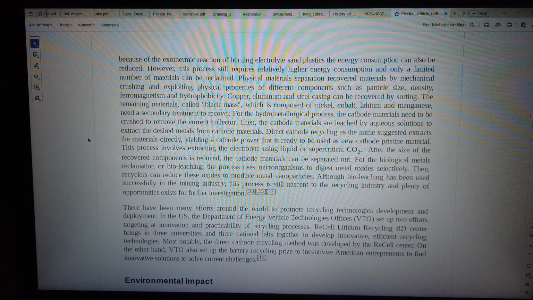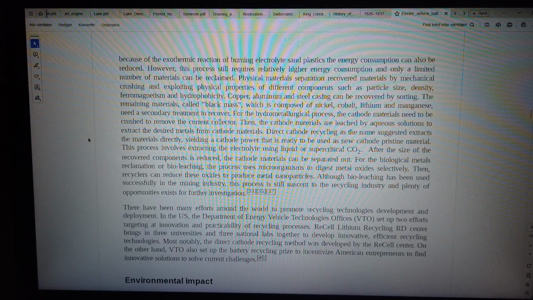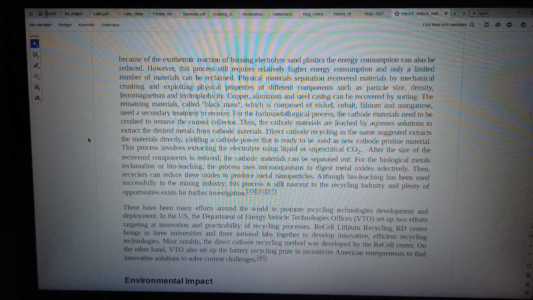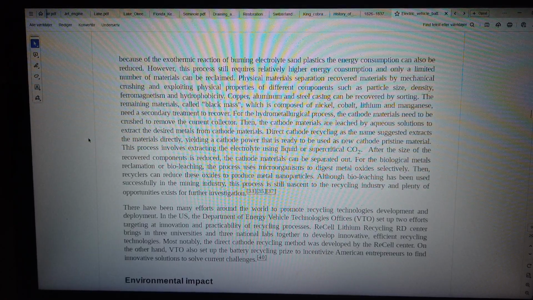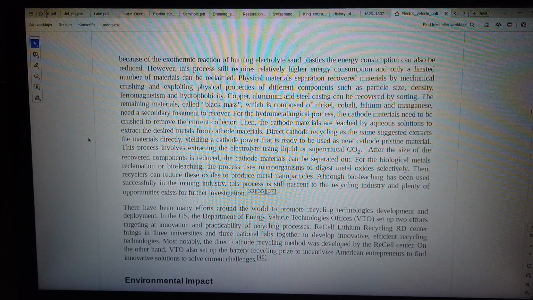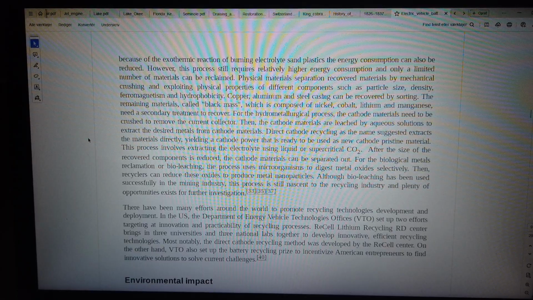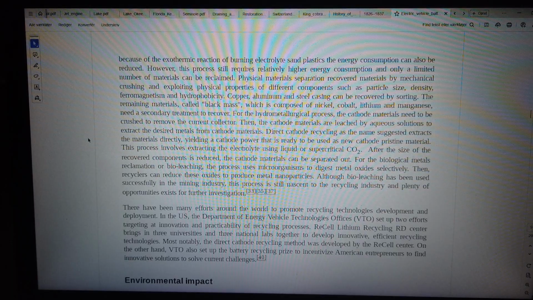The remaining materials, called black mass, which is composed of nickel, cobalt, lithium and manganese, need a secondary treatment to recover. For the hydrometallurgical process, the cathode materials need to be crushed to remove the current collector. Then, the cathode materials are leached by aqueous solutions to extract the desired metals from cathode materials.